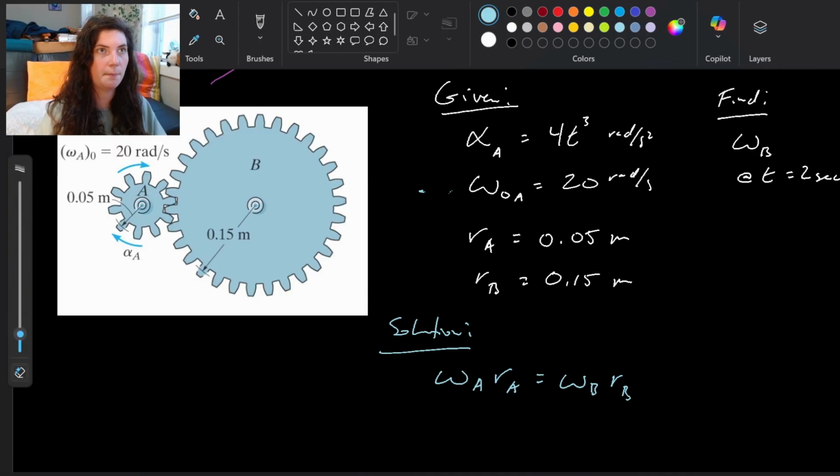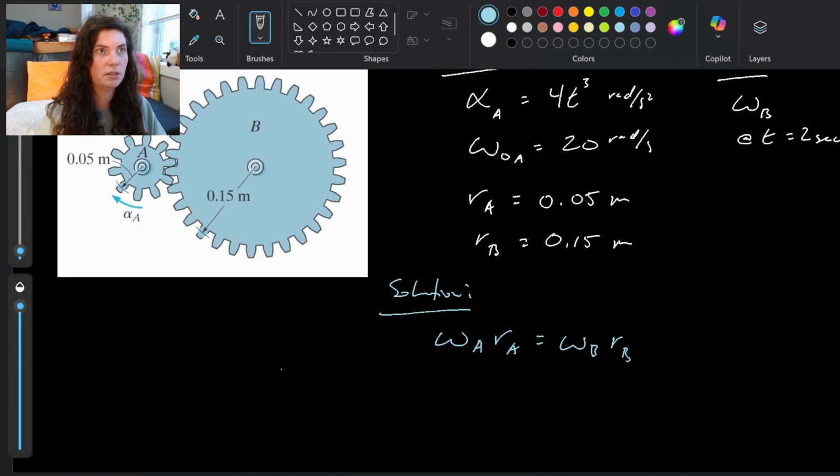Let's go ahead and do that. We know we want to find our omega A, right? Angular velocity of A. Our acceleration's not constant, it's 4t cubed. So we know we're probably going to have to take an integral here, where we have this relationship that angular acceleration is d omega over dt.